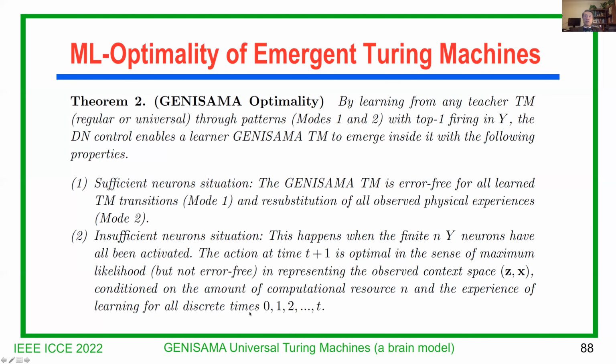So these are conditioned on the incremental increase and conditioned on the number of neurons. Once you learn out the neurons, then these neurons start to update based on limited resource.